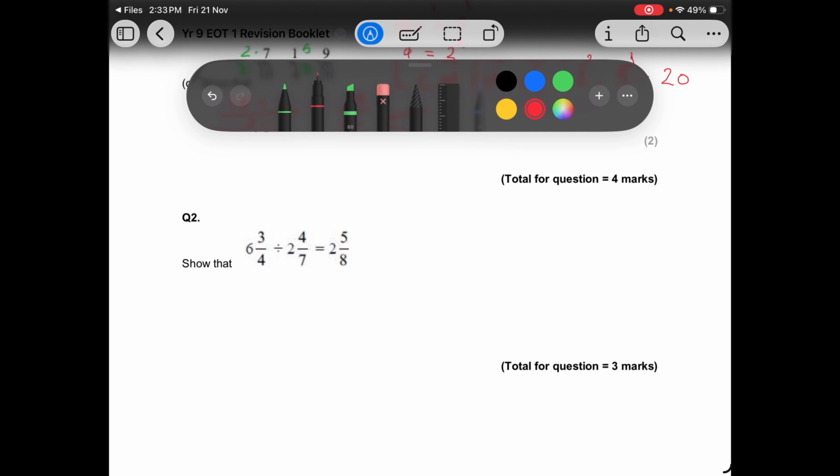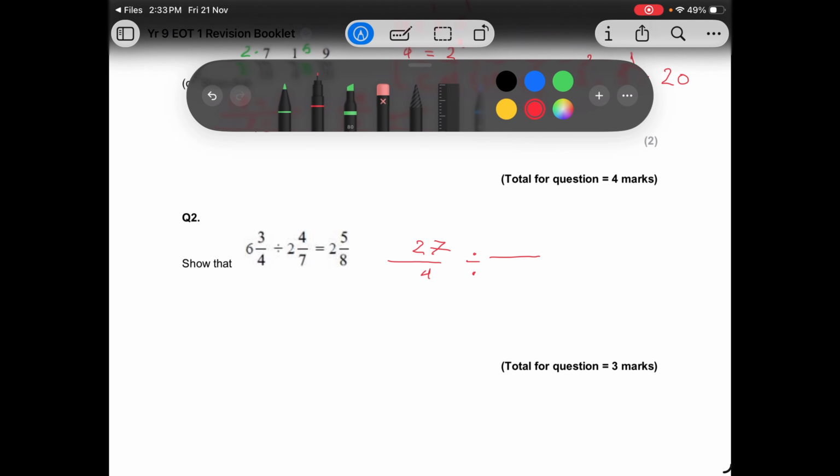So I have here mixed numbers. First of all, I will convert these mixed numbers to fractions. You do know how: we multiply 4 by 6, which is 24, then we add 3, so 27 over the same denominator, which is 4, divided by, okay, don't rush things, keep it division.